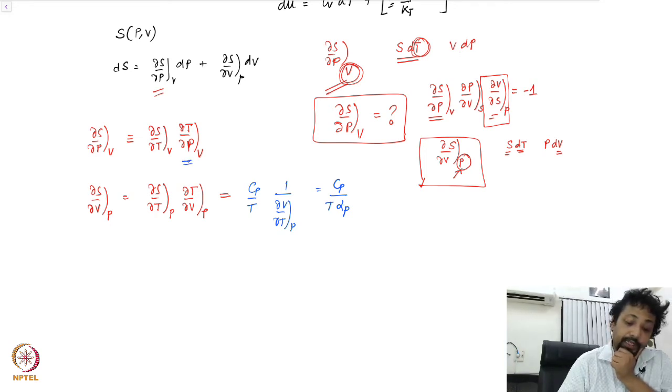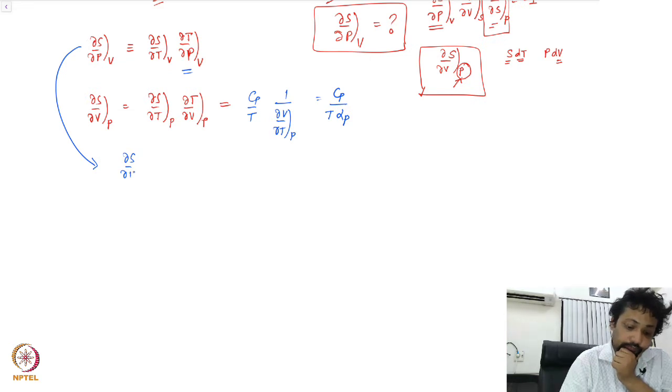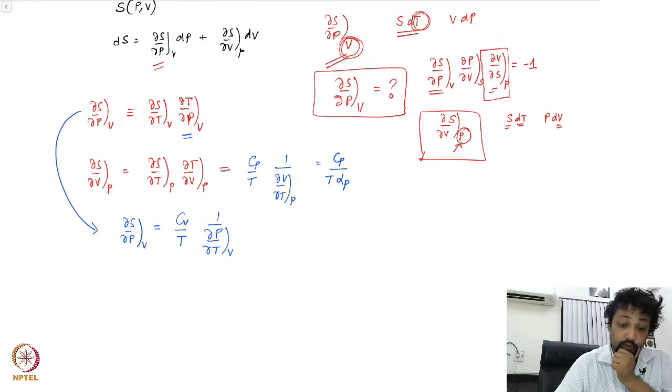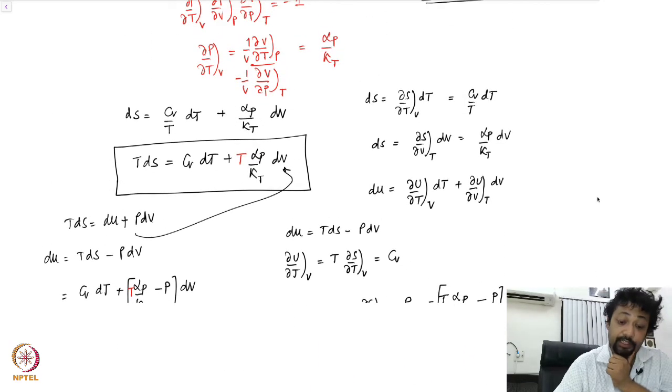But del S del P, so this one I can write down, del S del T volume constant is Cv over T, and this is del T del P volume constant. But look, I know what del P del T volume constant is.